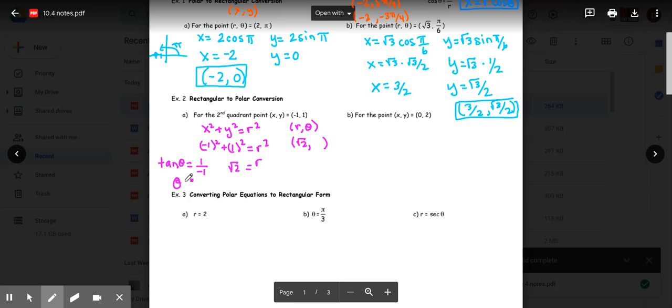That's going to be at 3 pi over 4. There you go. Well, you could also have used that x equals r cosine theta and just plugged in your x and your r. You could have used y equals r sine theta and same thing, plugged in your y and your r and solved for theta. So that's another way to do that problem.